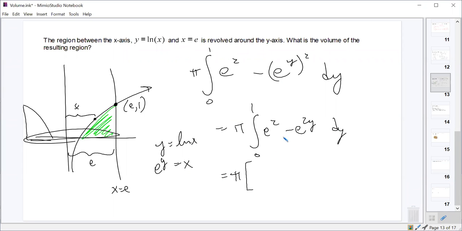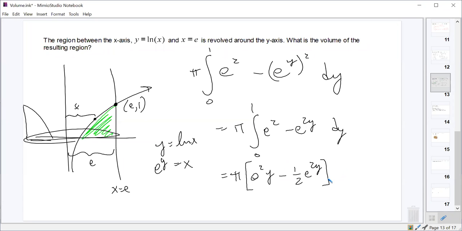Yeah. All right, and the integral of e squared is e squared times y. And what's the integral of e to the 2y? Is it 1/2 e to the 2y? It should be 1/2 e to the 2y.